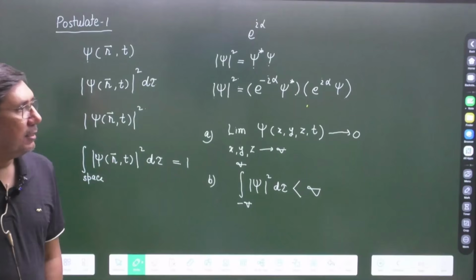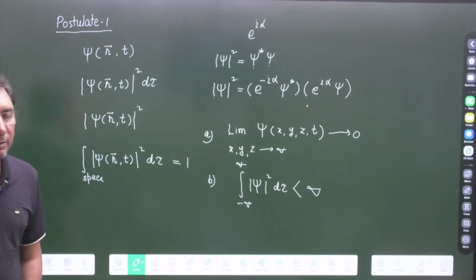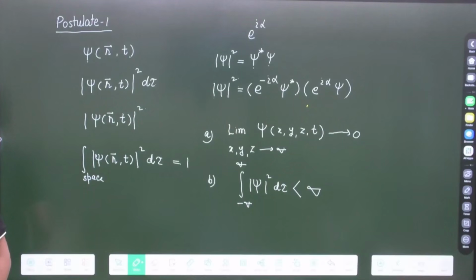Next point. In general, a physically acceptable wave function satisfies the following conditions.